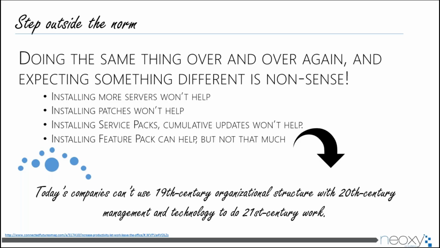So the definition of this would be this wonderful quote. Today's companies can't use 19th century organizational structure with 20th century management and technology to do 21st century work. So you can't use a SharePoint 2013 server to do today's tasks with the technology you have today.